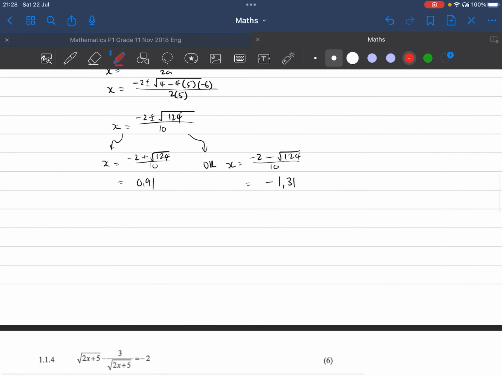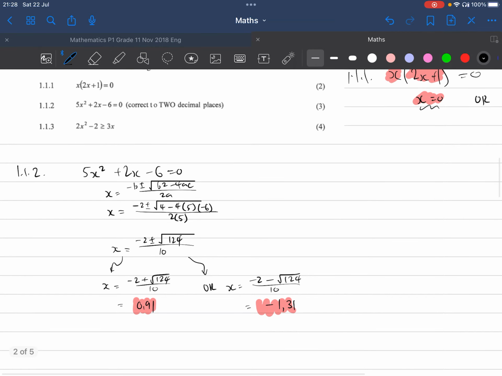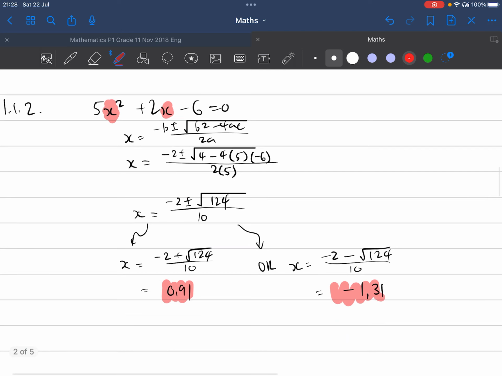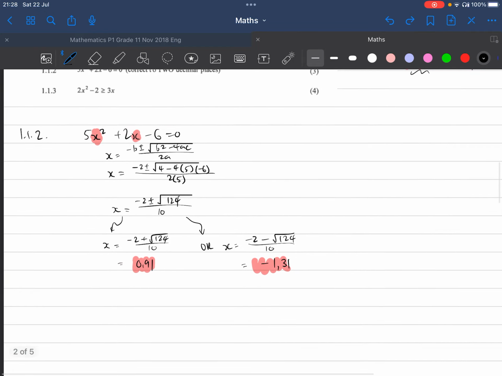Now you can take these two x values and substitute them in the original equation. Start with 0.91, put it in place of x and see if you get 0, and then do the same for the other. If they come to 0, that means your answers are correct.